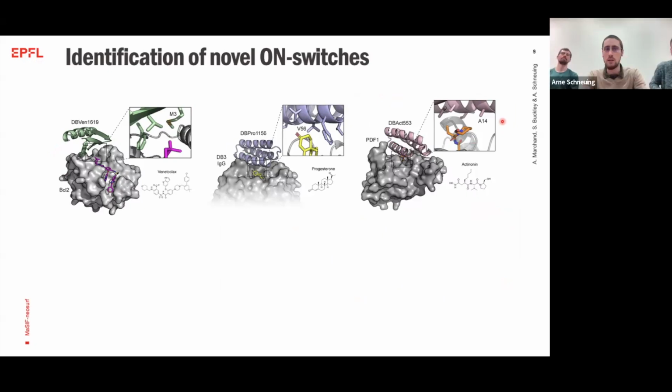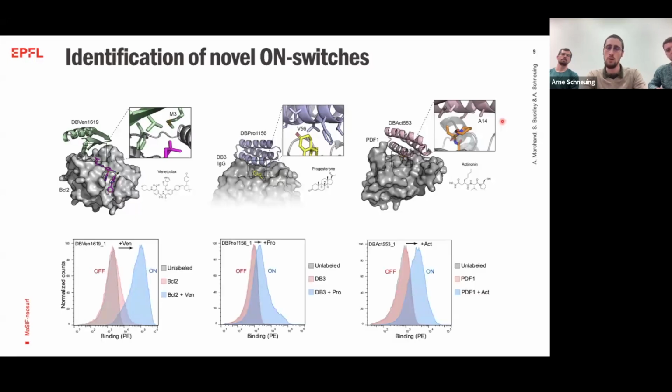So there were definitely in that screening some designs that bind independently of the presence of the drug. That happened. But for those, there were definitely ligand specific, as I just showed at the bottom of the slide here. But the success rate, if we don't require specificity, then it is higher.